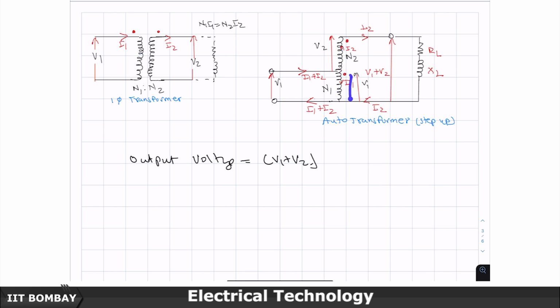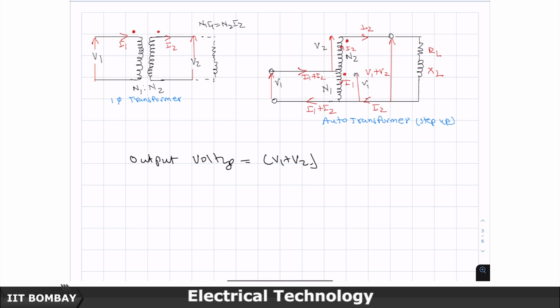So, if this current I1 carries a magnetizing MMF, a demagnetizing MMF I2 has to flow out from this side, and therefore I1 plus I2 has to come from the supply. MMF balance is there, but the output voltage is no more V2, it is V1 plus V2.